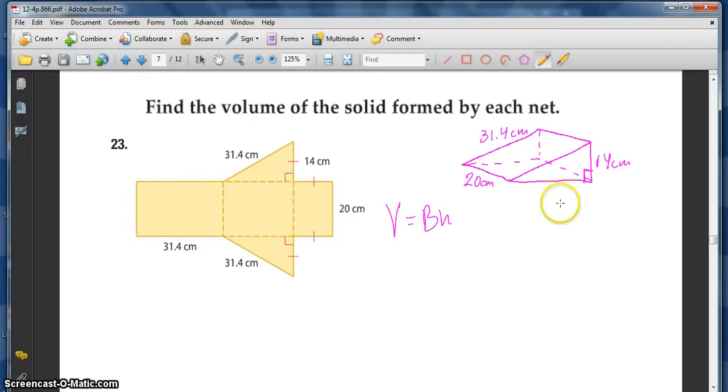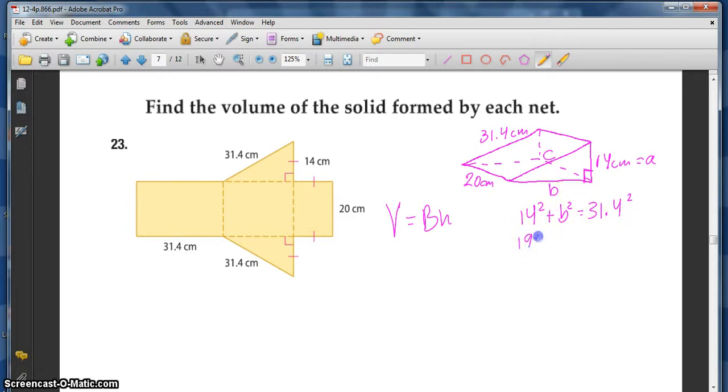So I'm going to use the Pythagorean theorem. So we'll call this A, call this B, and this is C. So we have 14 squared plus B squared is equal to, and C is 31.4 squared.